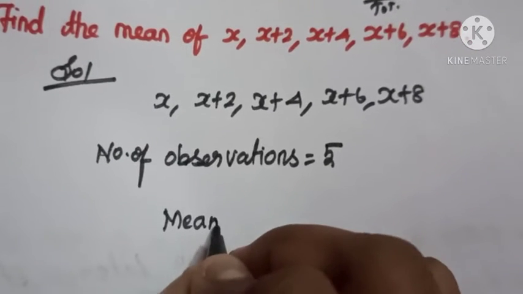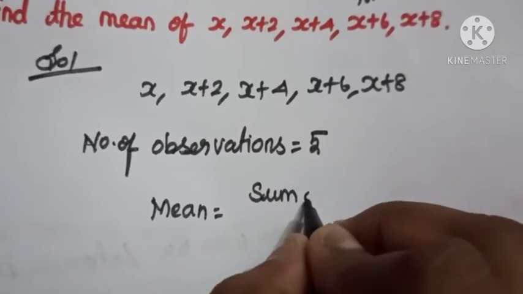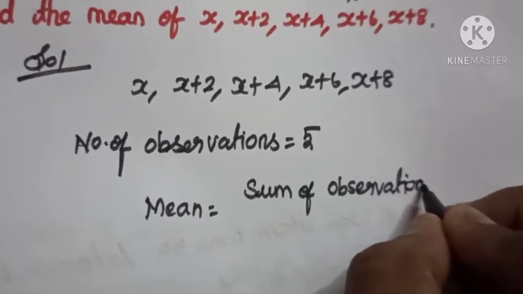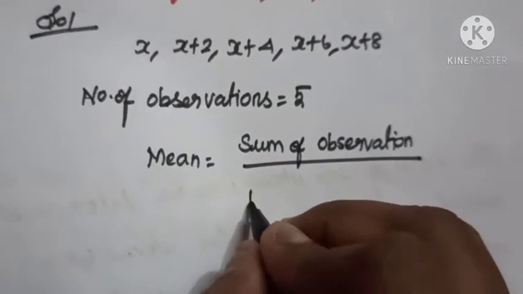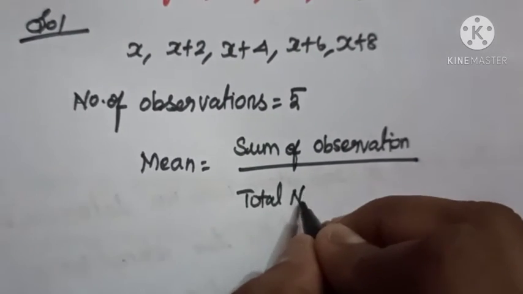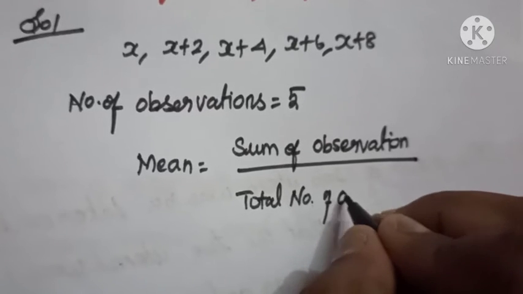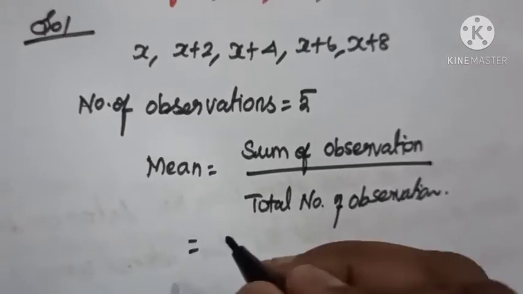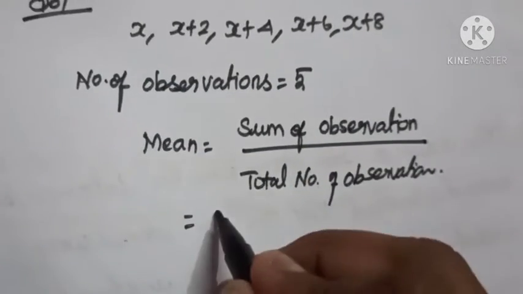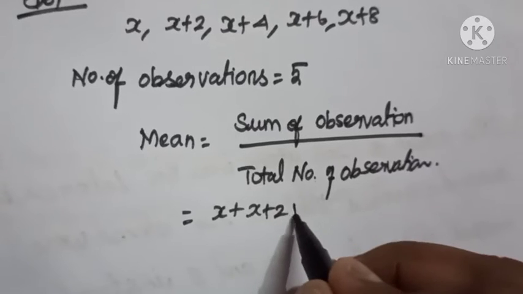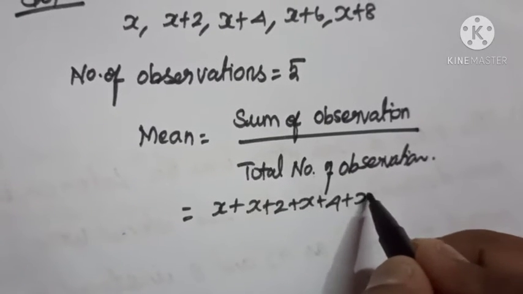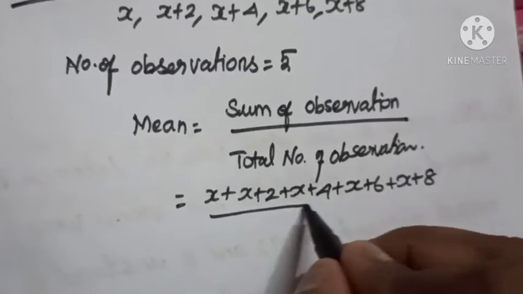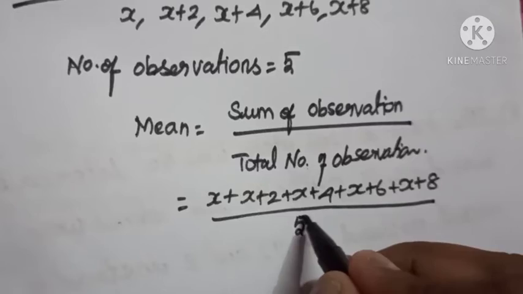So we need to find the mean. So mean is equal to sum of observations divided by total number of observations. So sum of observations means just add it. x plus 2, x plus 4, x plus 6, x plus 8 whole divided by total number of observations, which is 5.